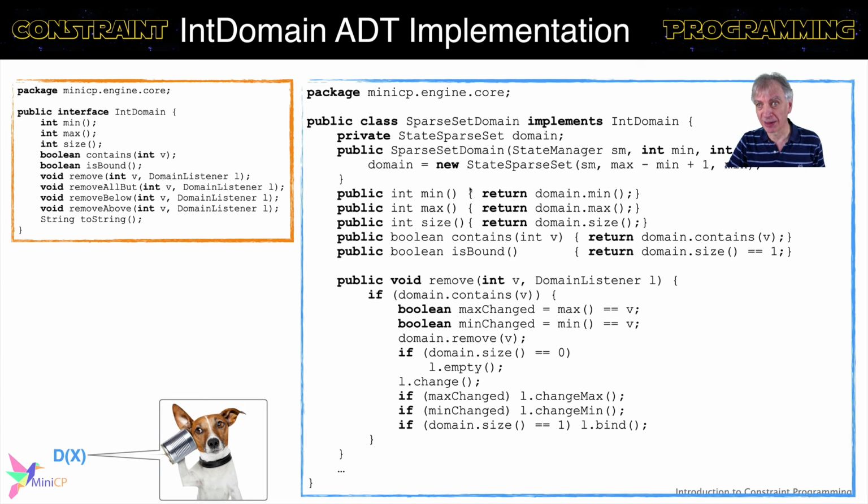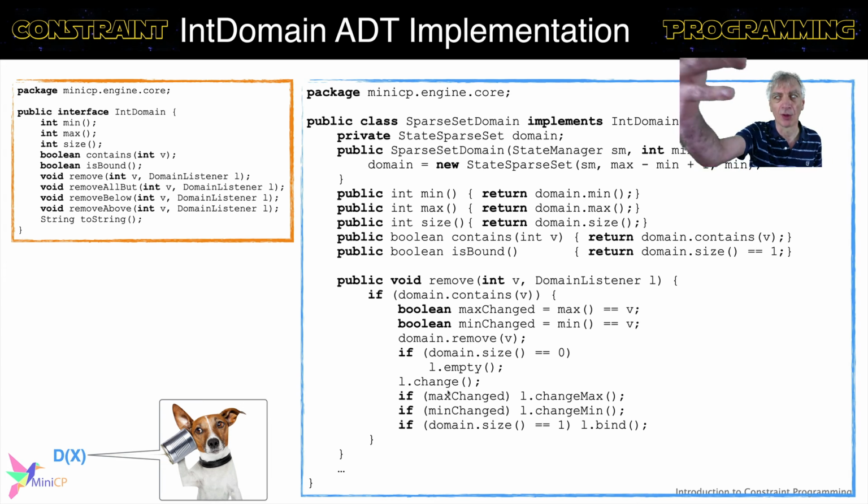Now, what is happening is that I'm going into the domain and it starts doing this, and then at some point, if the domain has changed, it's going to call the listener and say, hey, I have changed, I removed the value. So what is this going to do? It's going to go to the list of constraints that you have seen, and it's going to propagate this list of constraints, in the sense that it's not propagating them itself.